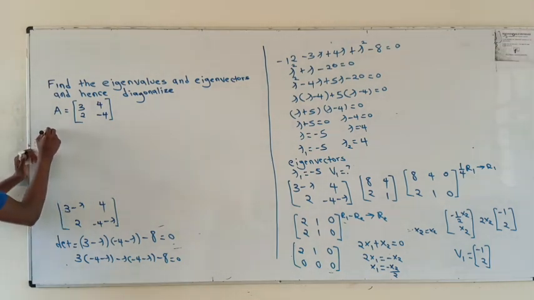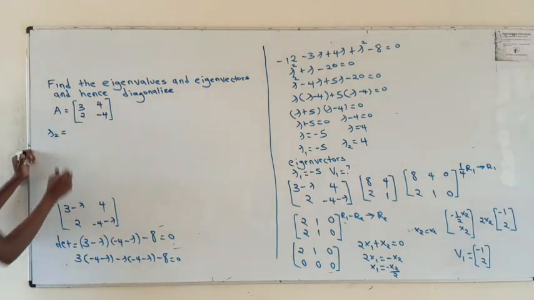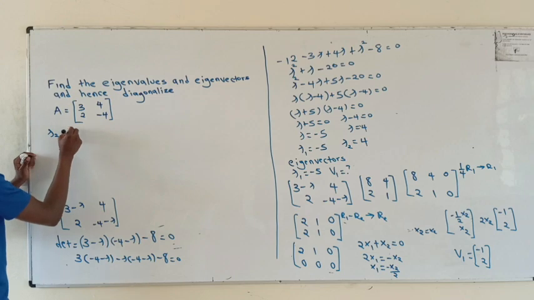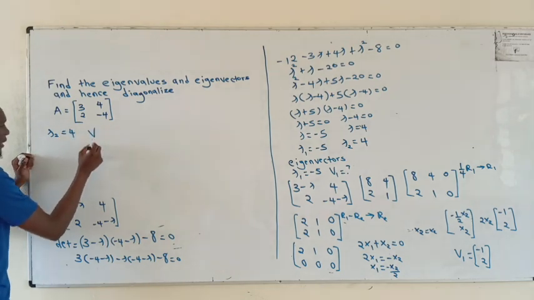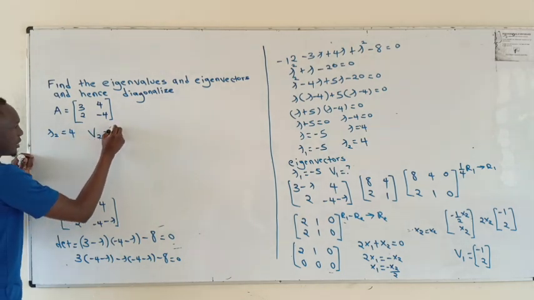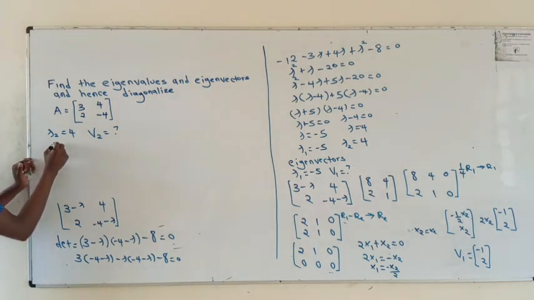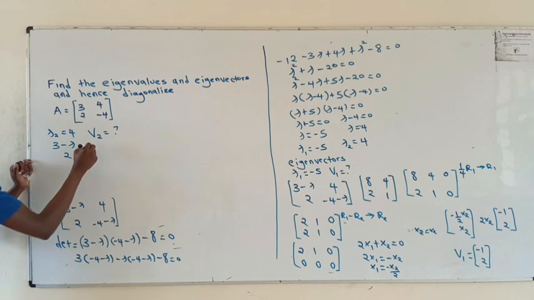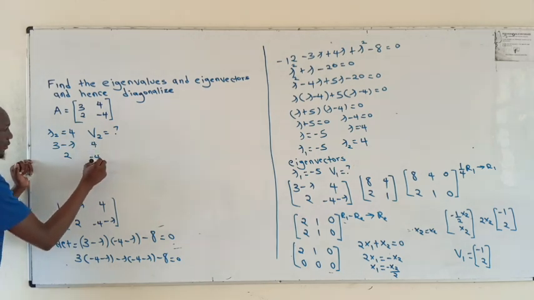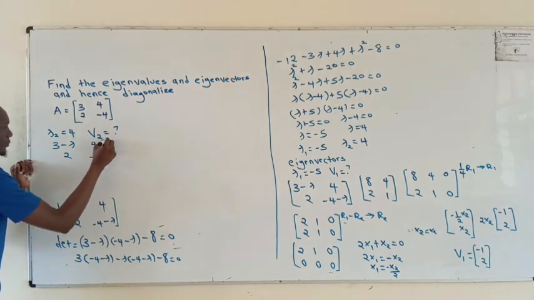Our lambda 2 was equal to 4. Therefore, we want to find eigenvector 2, which is unknown. Now, to find this, we use A minus lambda times the identity matrix, which was 3 minus lambda, here was 2, here was 4, negative 4 minus lambda.